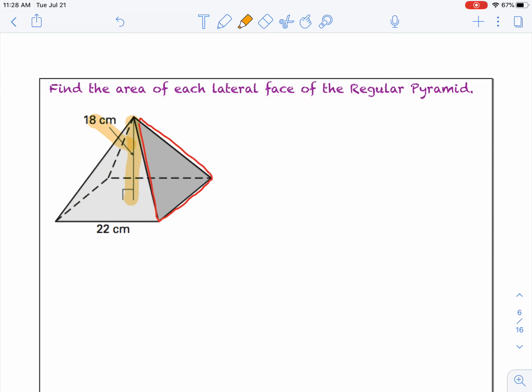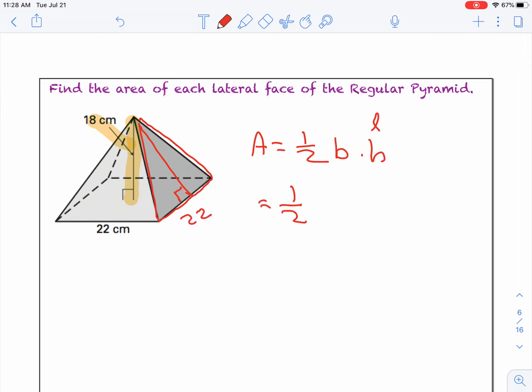So if I'm finding the area of one of those faces, you have 1/2 the base times the height, which is my slant height. So this is what I'm going to need to find. I already have the base is 22.